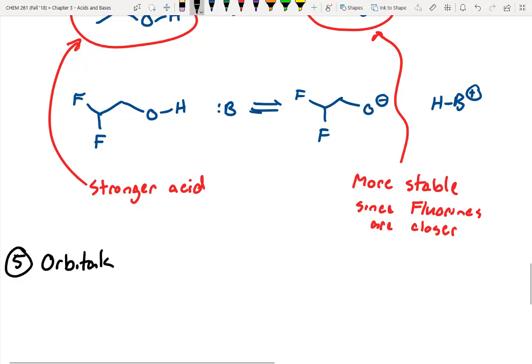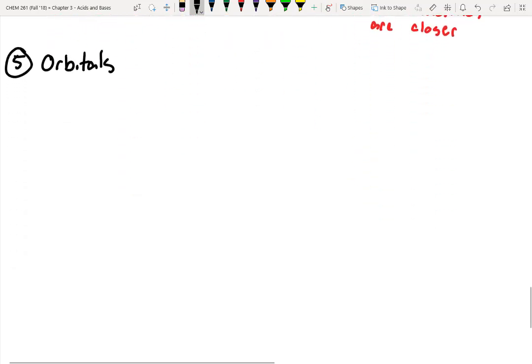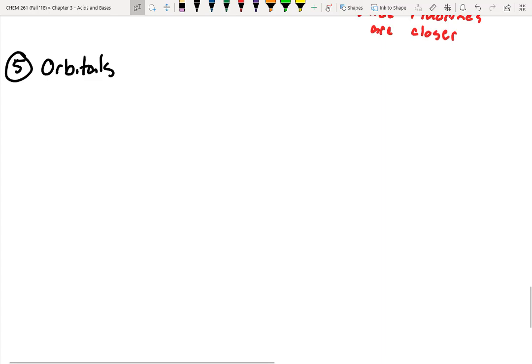We'll go through this pretty quick. All right, with an orbital, let's compare two compounds. Let's compare methane to acetylene. Acetylene is commonly used in welding.